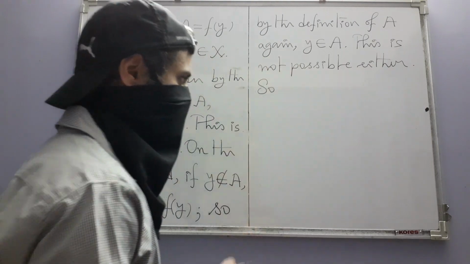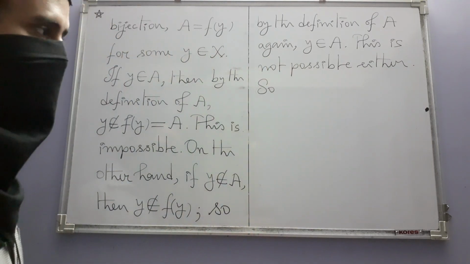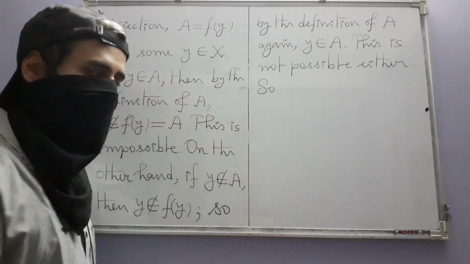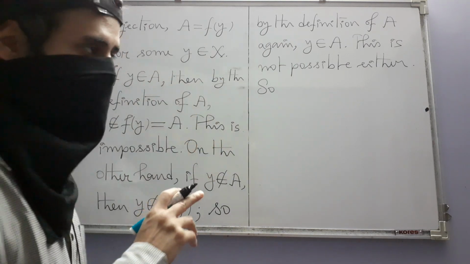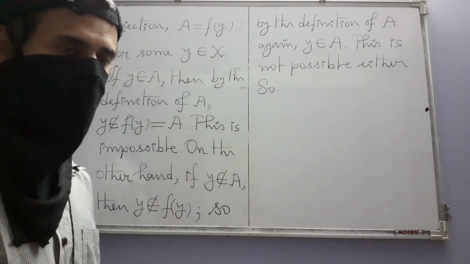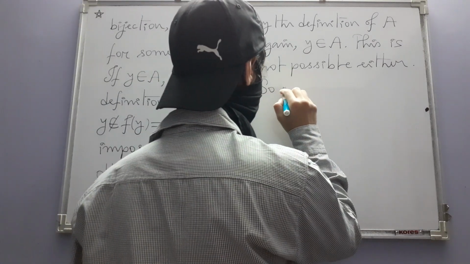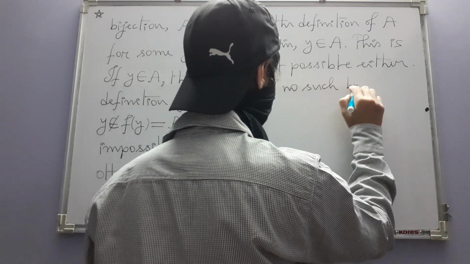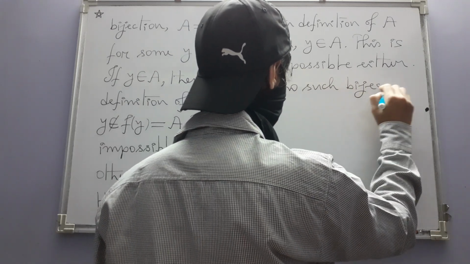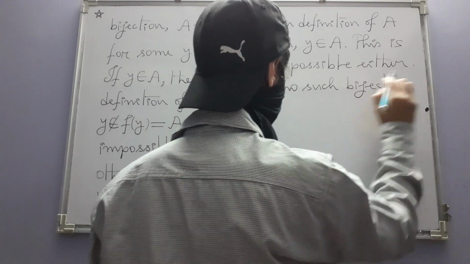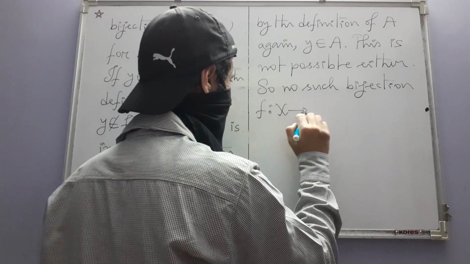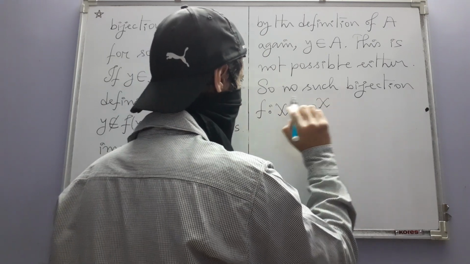So that means something must have gone wrong, and the only thing that has gone wrong is our blind supposition in the beginning of the proof that there is one such bijection. So no such bijection exists.